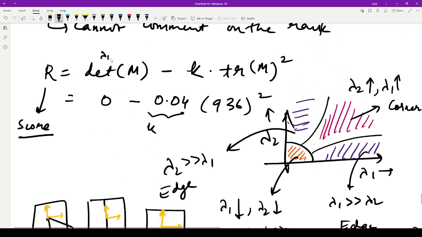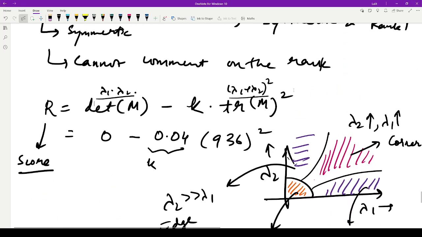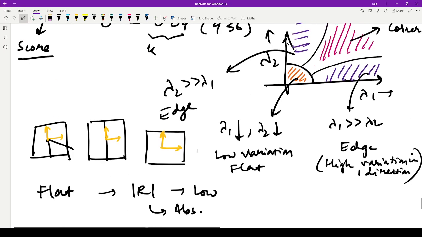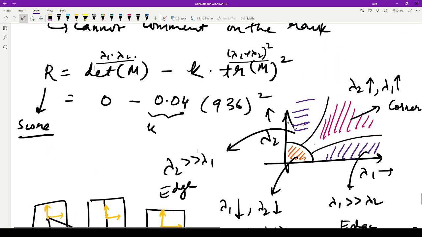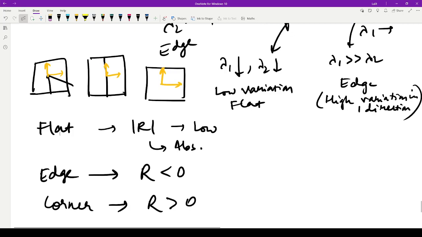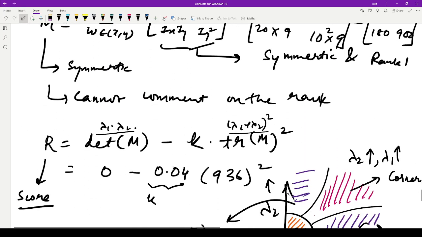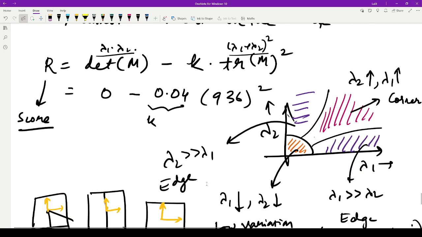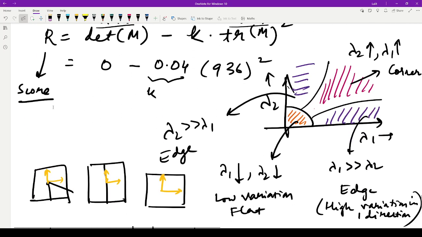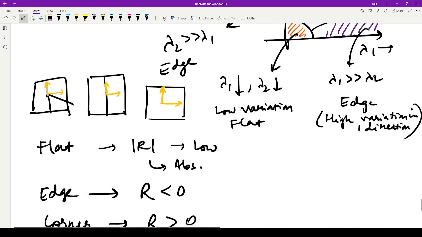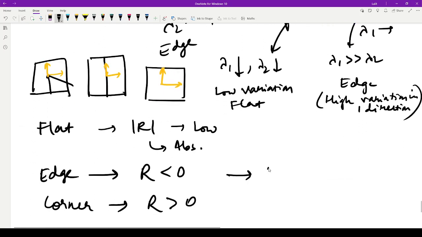Why? Because this is lambda 1 into lambda 2, and this is lambda 1 plus lambda 2 whole square. This is the determinant. If you just replace it here, this turns out to be the case. Is it clear? So what this specific value says is the determinant is zero and you have a negative value of the score R. A negative value means what you have here is an edge.